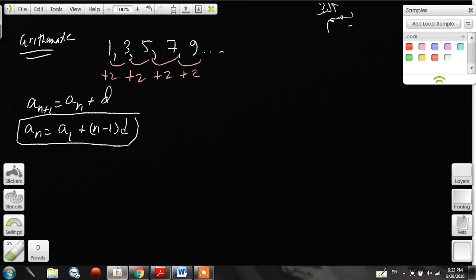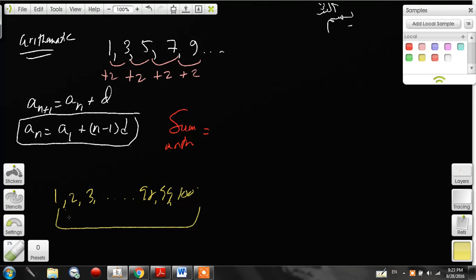Okay, then you have to know the sum of an arithmetic sequence. Now if you remember the principle of mathematics, adding 1, 2, 3 all the way up to 98, 99 and 100, how he did that, he added the first term and the last term, and divided by half of the number of terms.